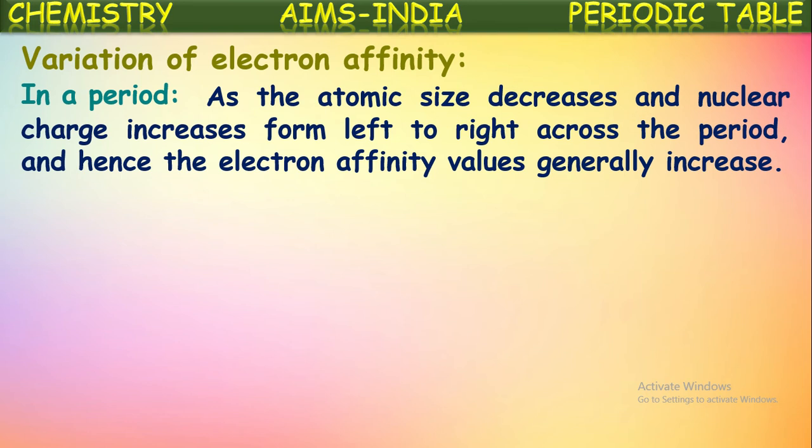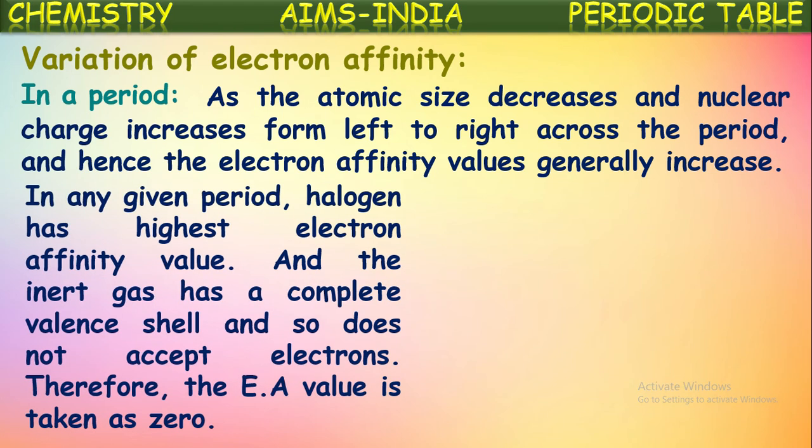The atom with greater nuclear charge can attract the outer electron very easily and hence releases a maximum amount of energy. The atom with a smaller size will have greater electron affinity. We know in a period from left to right, size decreases and hence electron affinity generally increases.